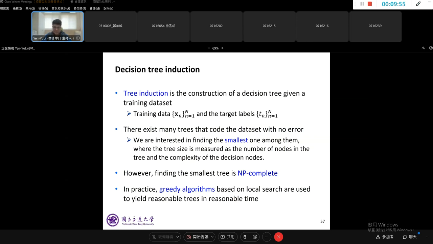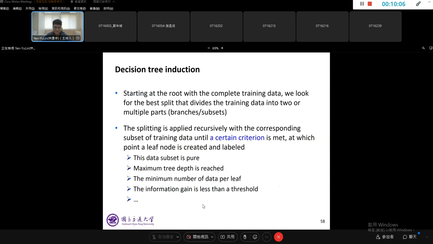Due to this constraint, greedy measures are widely used in decision tree construction. We know a decision tree implements a divide and conquer strategy for classification or for regression, and the tree construction process itself is a recursive procedure.